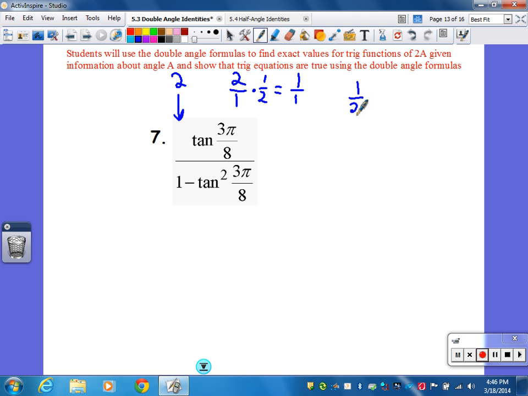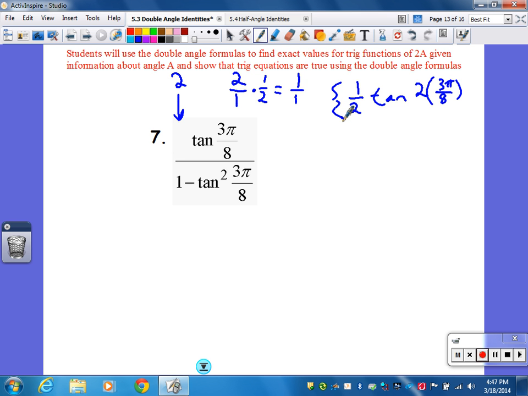if we have 1/2 tangent 2 times the 3 pi over 8, our 2 would disappear because of our lead term right here.